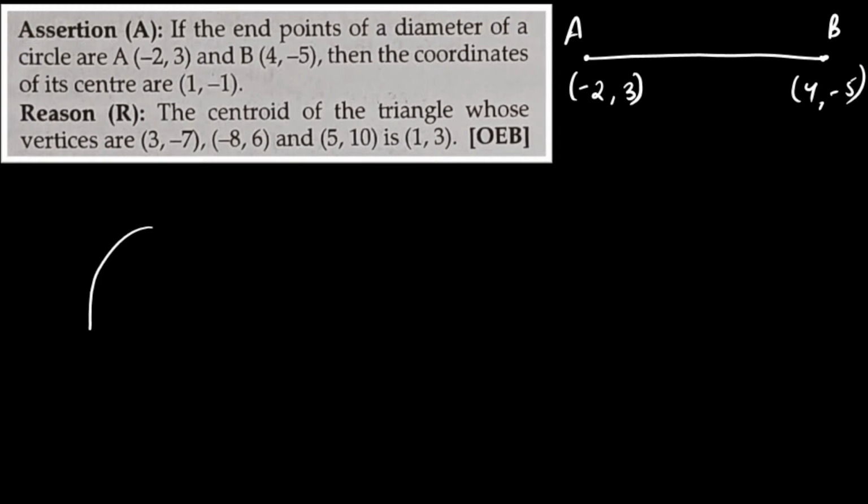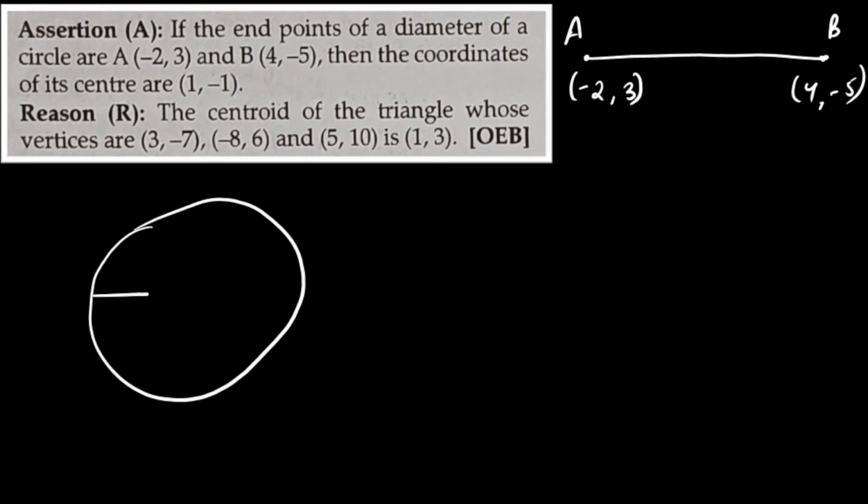Next assertion statement: the endpoints of the diameter of the circle are given to us. I'll not be drawing the circle now. A's coordinates are (-2, -3) and B's coordinates are (4, -5). So these are the endpoints of a diameter.